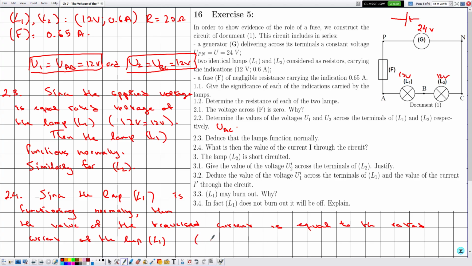So in this case, the 0.6 amperes is equal, so I is equal to 0.6 amperes. Okay. So since the lamp L1 is functioning normally, then the value of the traverse current is equal to the rated current of the lamp L1. So we have that I is equal to 0.6 amperes.